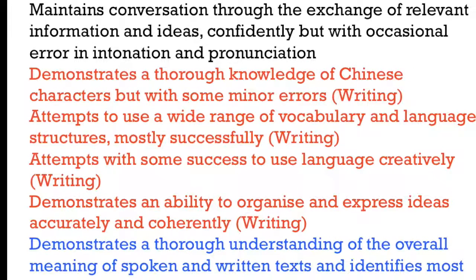Here is the description for band 5, and you can see the requirements for our reading, writing, and listening abilities. Please be reminded that the first statement of both descriptions is for the spoken task only.